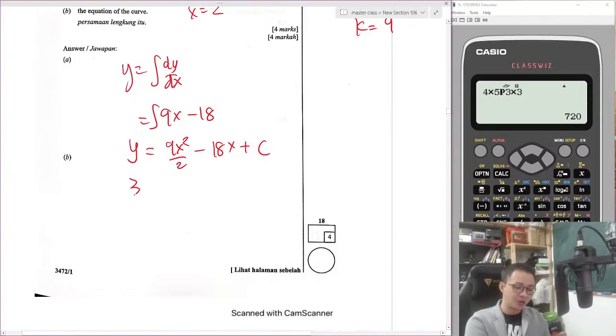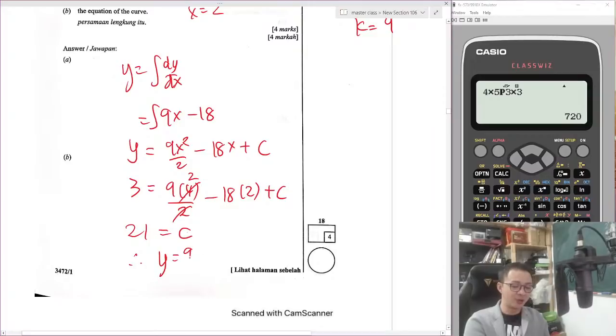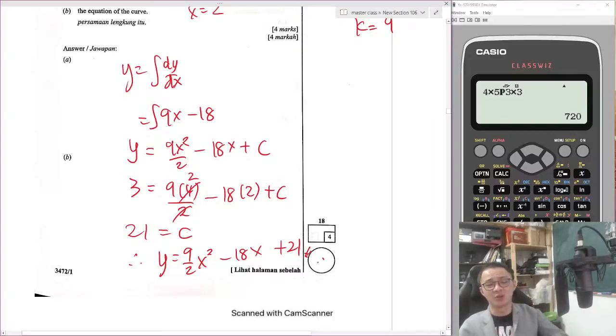So 3 equals 9(4)/2 minus 18(2) plus c, which is 18 minus 36. I have negative 18 plus c, so c is 21. So y equals 9 over 2 x squared minus 18x plus 21. This is quite easy as long as you know how to do the integration.